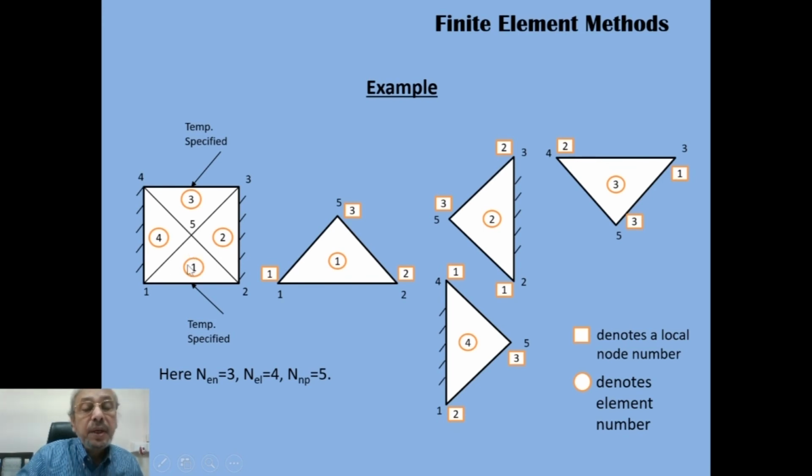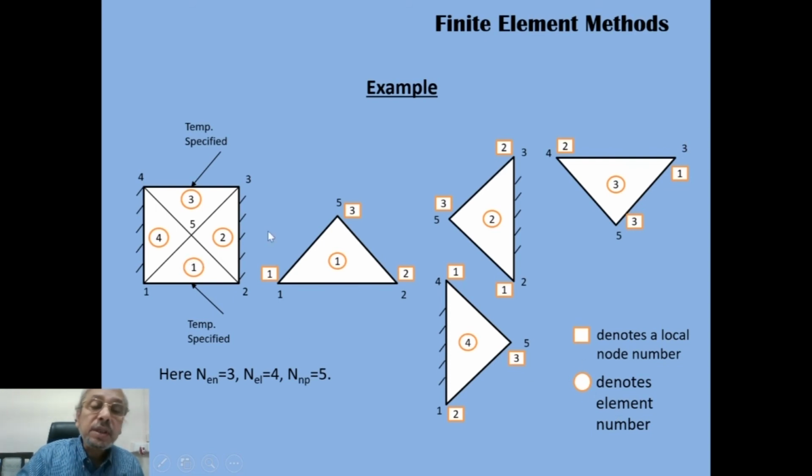Now if we separate out the elements, for example element 1, any element will have only 3 nodes: 1, 2, 3. So this square denotes the local node number, and this circle denotes the element number.